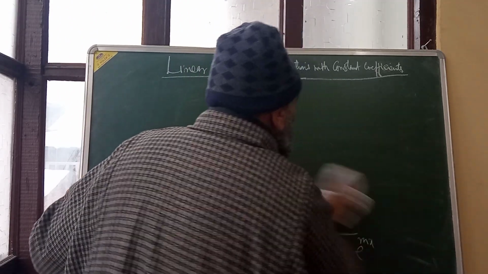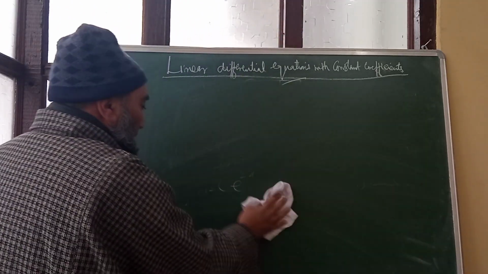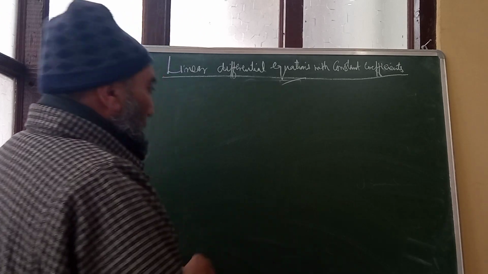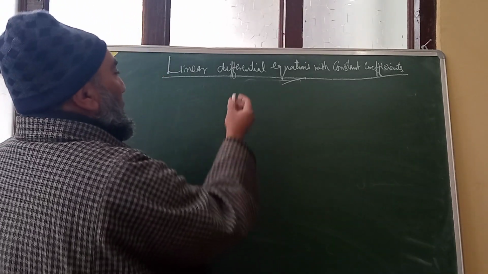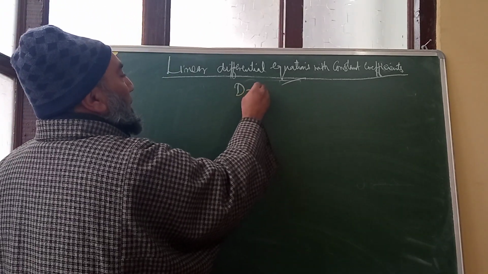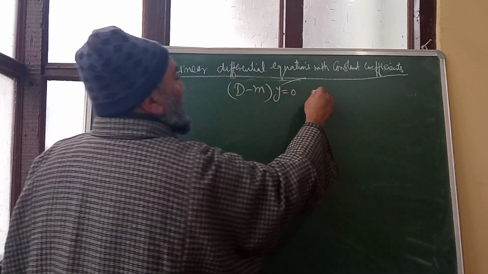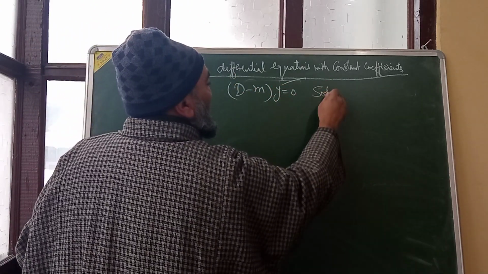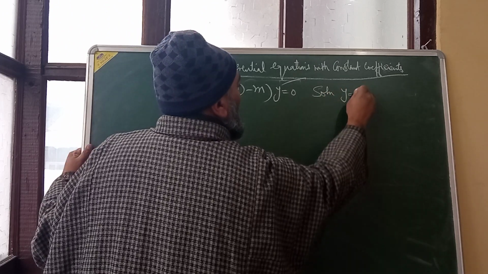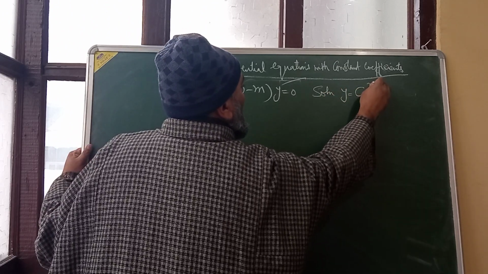Now let me come to the cases which I have defined just now. I have seen that if I have (D minus m) operating on y equals 0, the solution is y equals constant times e to the power mx. This is clear.